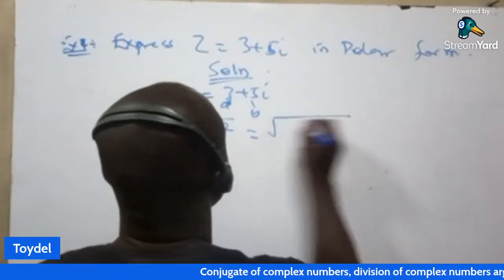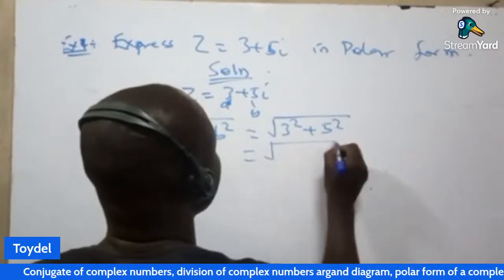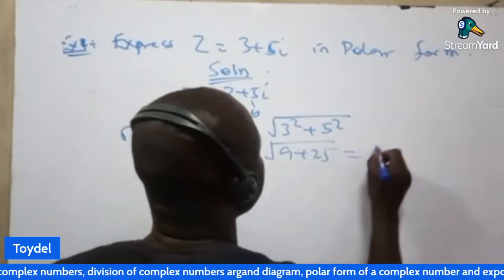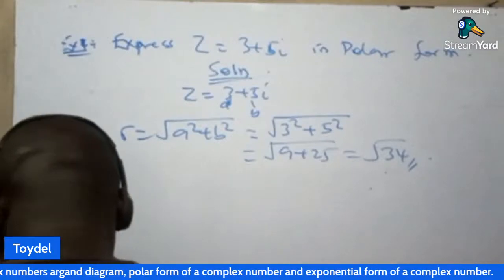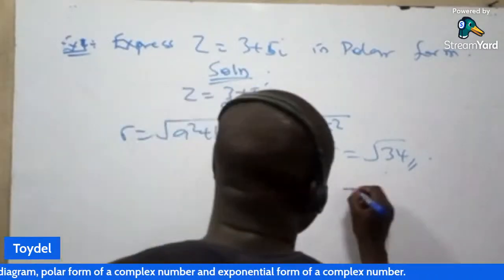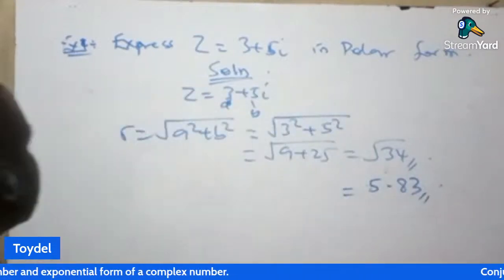That is the square root of 3 squared plus 5 squared, so the square root of 9 plus 25, which is the square root of 34. That is approximately 5.83.